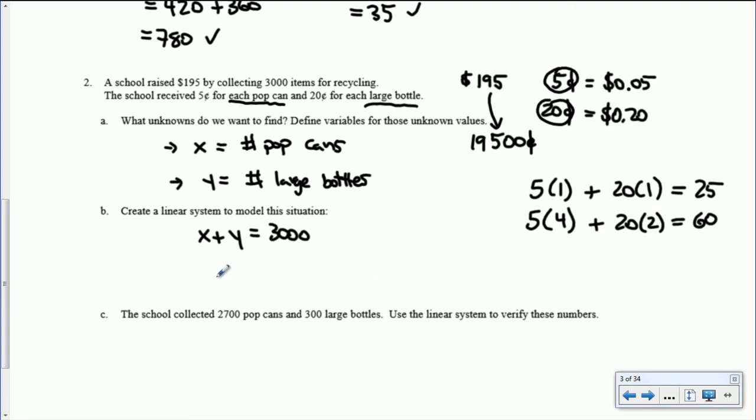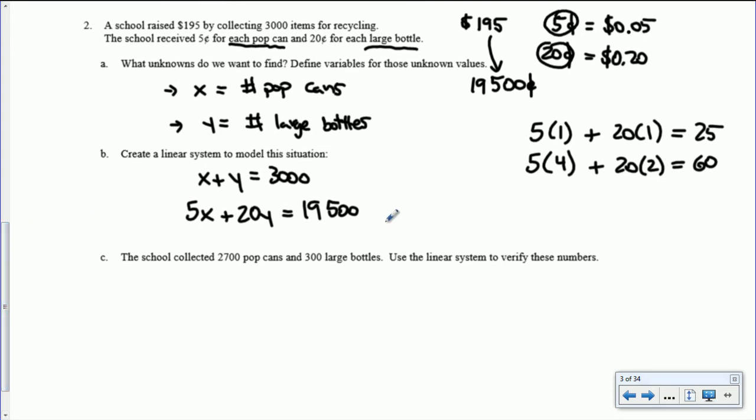So if we wanted to convert that into a general formula, we'd have 5x plus 20y, and that needs to add up to $195, or because we want to be all in the same units, 19,500 cents. Okay, so super important that the numbers need to be in the same units.